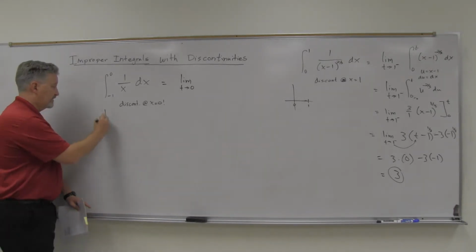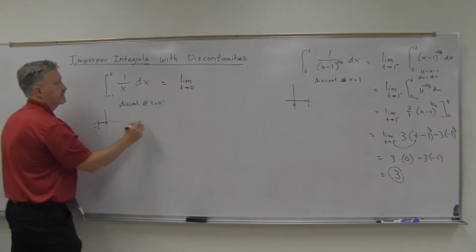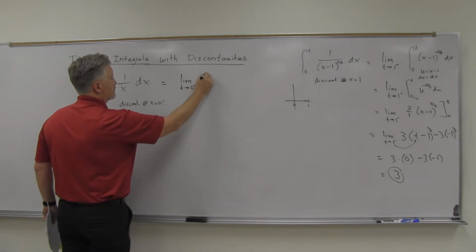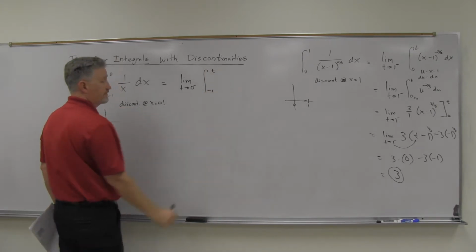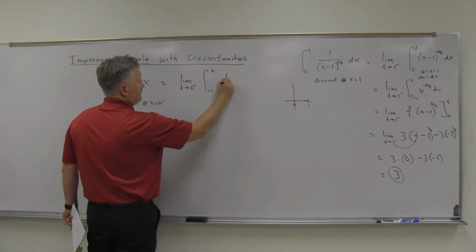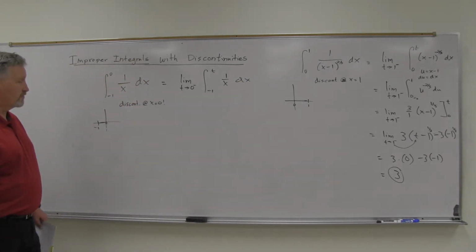From the left, yeah, because I'm going negative 1 to 0. So I would approach 0 from the left. And like I said, this one does make a difference whether we approach from the left or from the right.